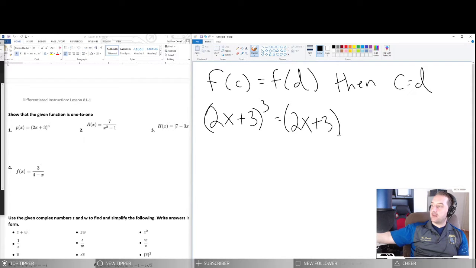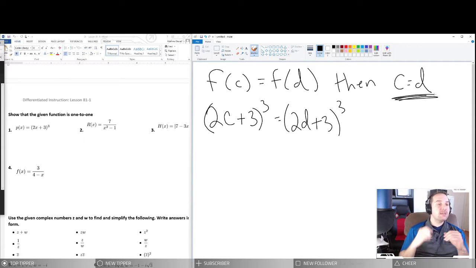Now I'm just rewriting it to emphasize that instead of x, it's going to be c, and then instead of x here, we plugged in d. So we start with that, and I want to show that c equals d. If you can get c by itself on one side and d by itself on the other side, then we've proven that it's going to be one-to-one.